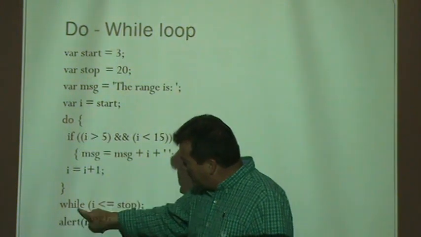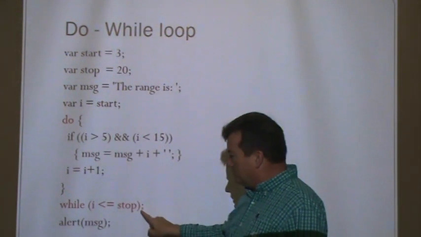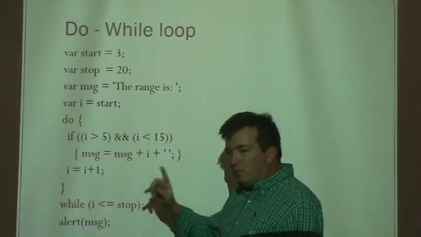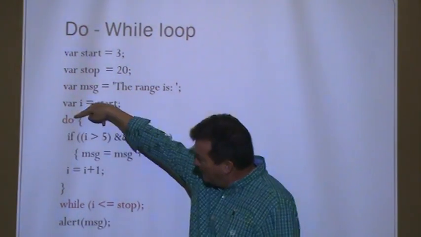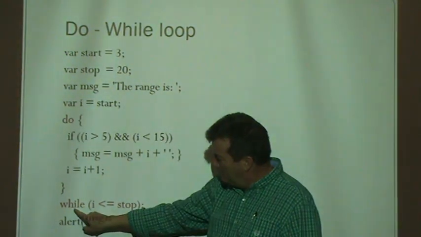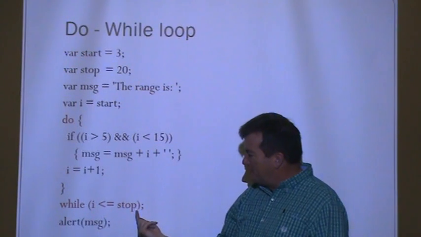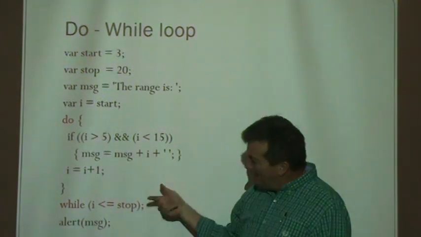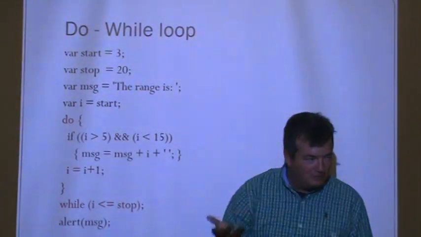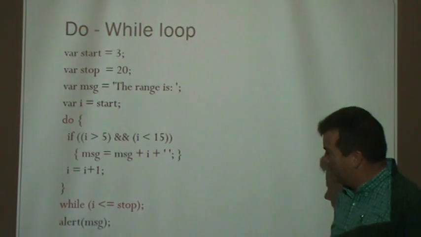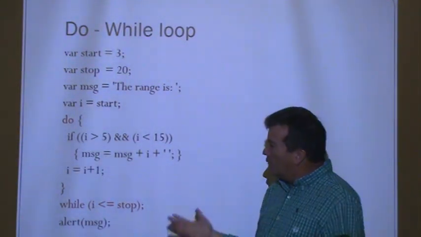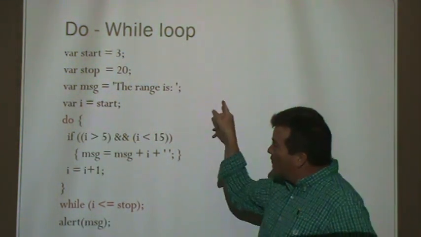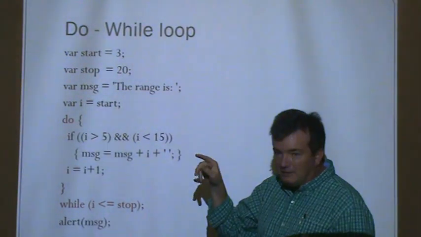And then at the end of the loop, we check the Boolean expression. So the only difference between a while loop and a do while loop is we check if the statement is true after we go through the loop as opposed to before. Only difference. So really, what's the difference between a do while versus a while?